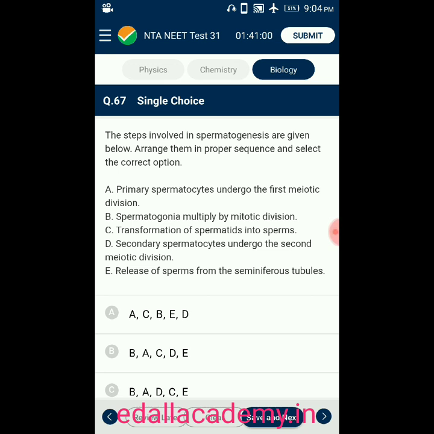Third, secondary spermatocytes undergo meiotic division to form four haploid spermatids. Fourth, spermatids are transformed into sperms by the process of spermiogenesis. Fifth, sperms are released from the seminiferous tubule by the process of spermiation. So the correct sequence is option C.